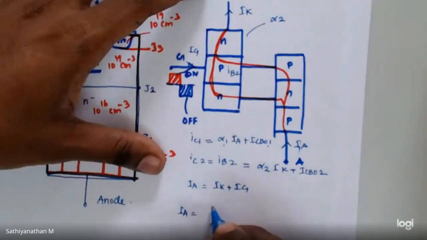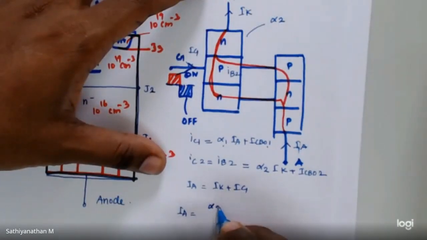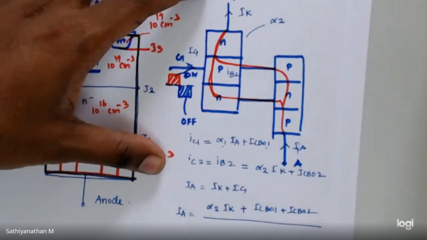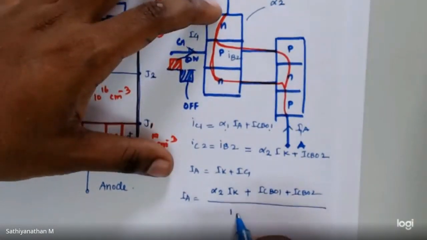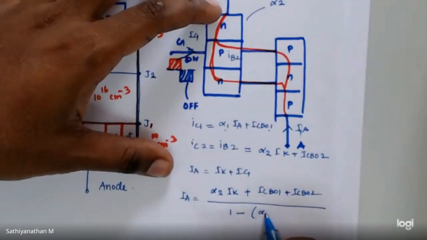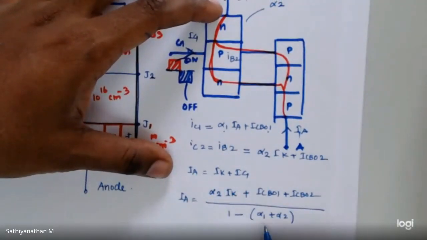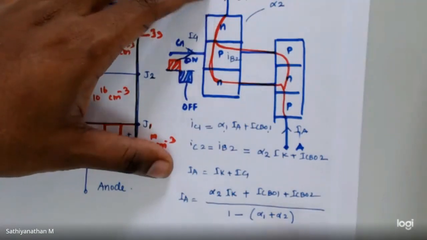Here IA value is alpha 2 times IK plus IC B01 and IC B02, and I hope you may remember this equation, 1 minus alpha 1 plus alpha 2, and we discussed this equation using alpha 1 and alpha 2.